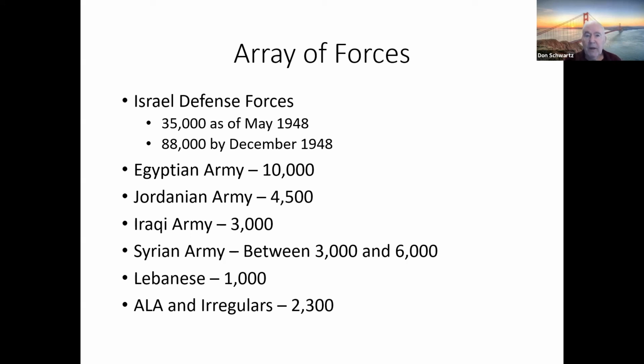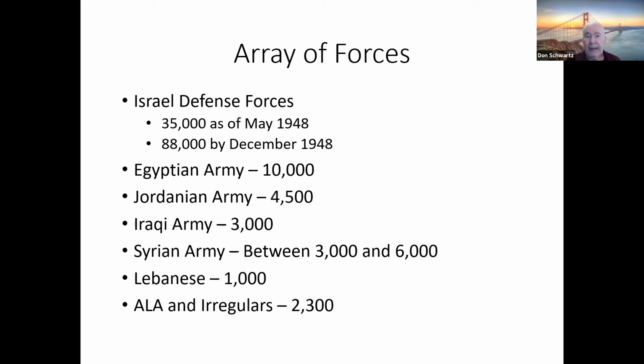And despite an arms embargo imposed by the UN in the War of Independence, Jewish forces were able to receive weapons from Czechoslovakia, from France, and from private American sponsors, who also supplied 3 bomber planes to the new Israeli state. But above all, the Israelis knew they were fighting for their very existence, and that gave them a ruthless determination to prevail.